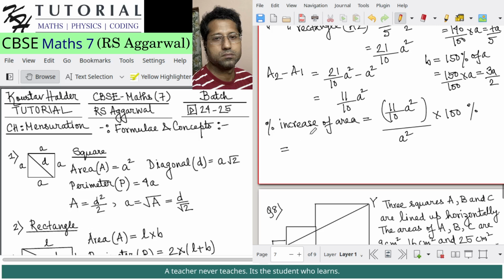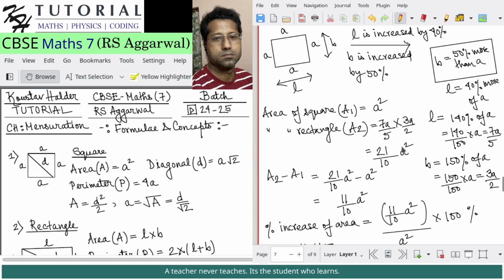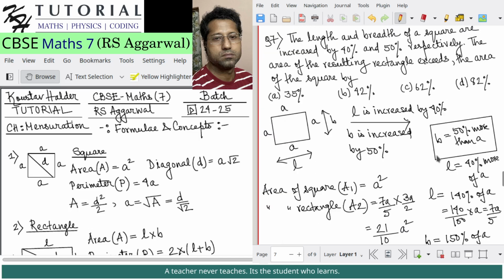This is equal to 11 multiplied by 100 divided by 10, which is 110 percent. So the area of the rectangle is 110% more than the area of the square.